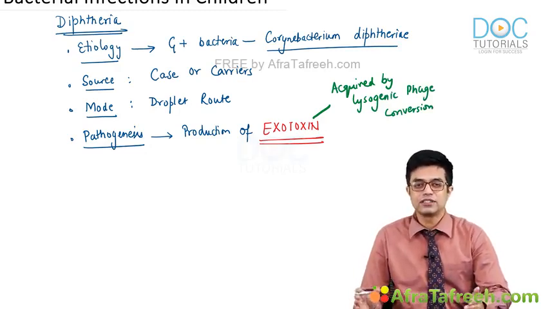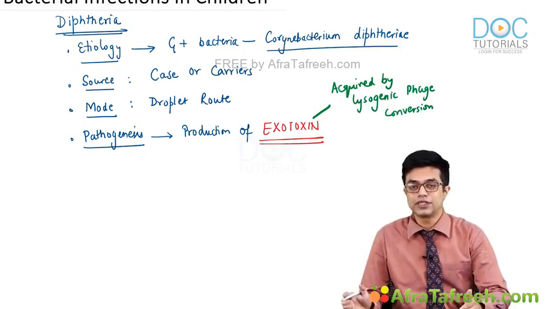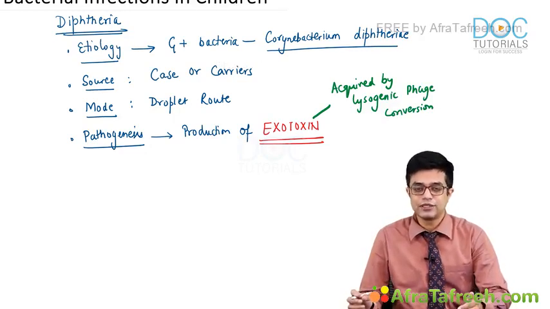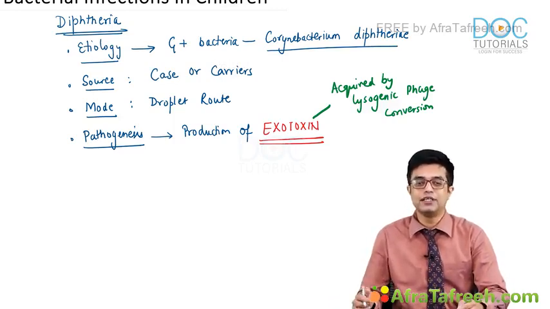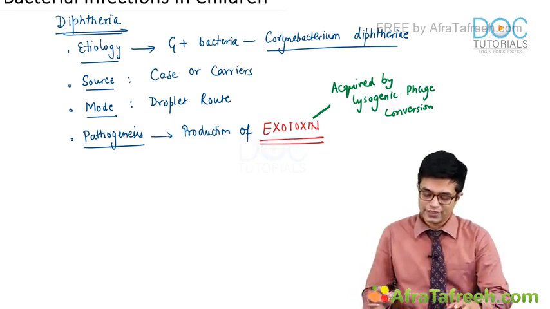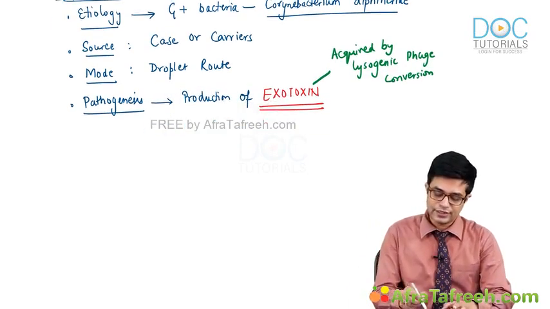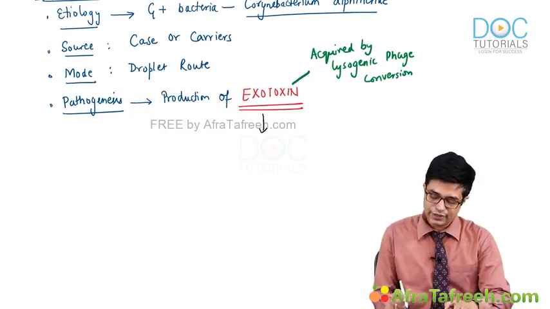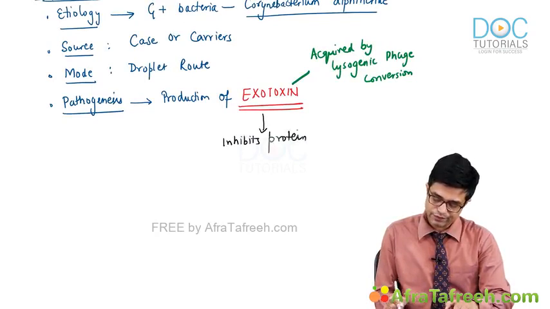They can transfer the gene to relatively non-pathogenic or less pathogenic strains, and when these strains of Corynebacterium diphtheriae acquire this gene, they develop the ability to produce exotoxin. So, this exotoxin has a tendency to cause inhibition of protein synthesis.